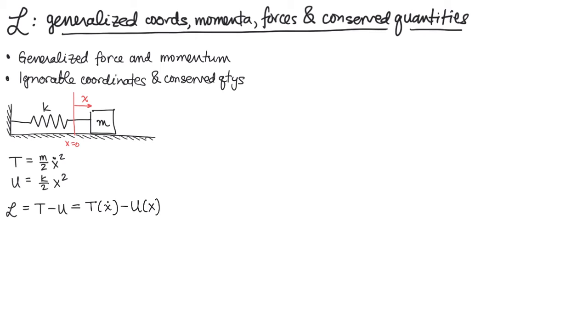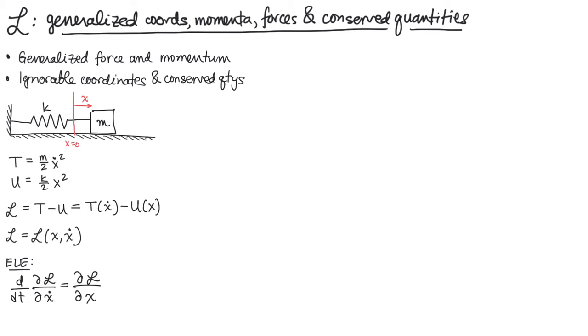So at the end of the day, this Lagrangian is going to be a function of both the position and the velocity. When we think about the Euler-Lagrange equations, we know that we need to compute partials, right? So we're going to do d/dt of partial L partial velocity equals partial L partial position.